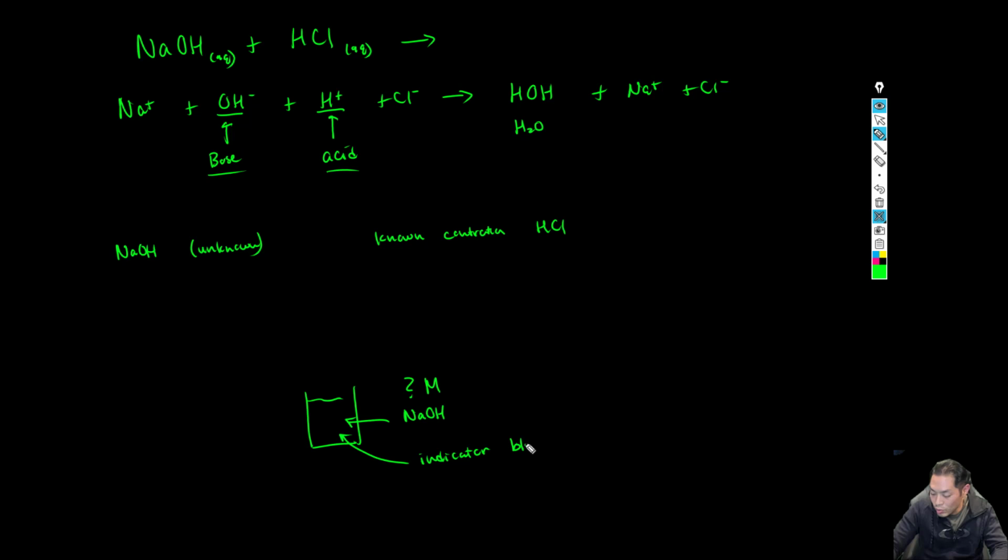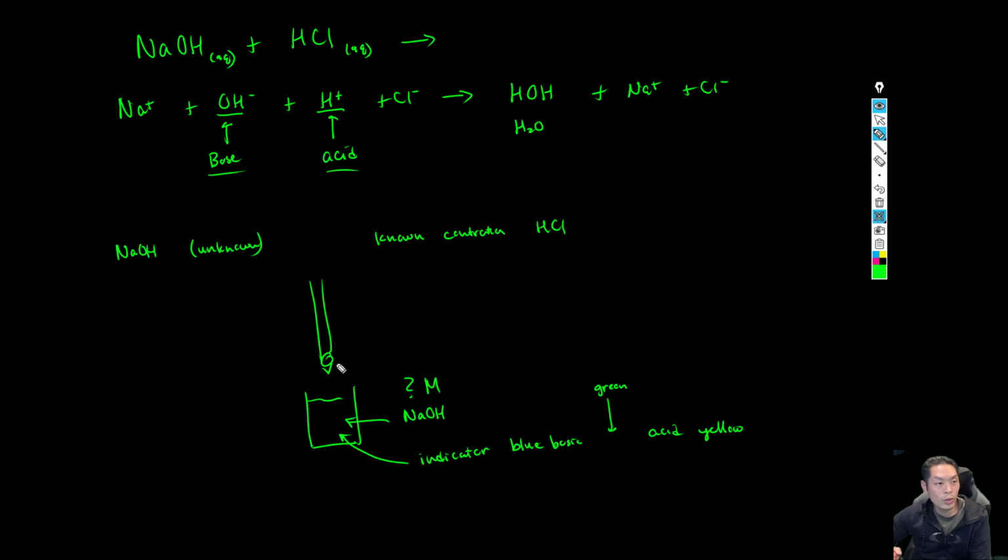The indicator should be blue when it's basic, and once it's acidic, it's going to turn yellow. Our goal is to find that point which is not really a base, not really an acid, so it was kind of that green color. That was our titration, and we titrated from a buret.